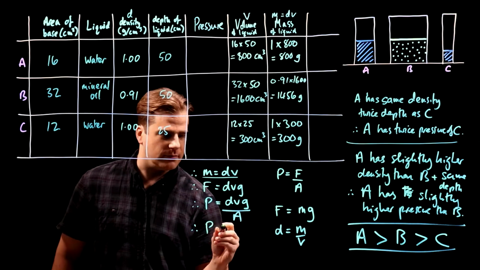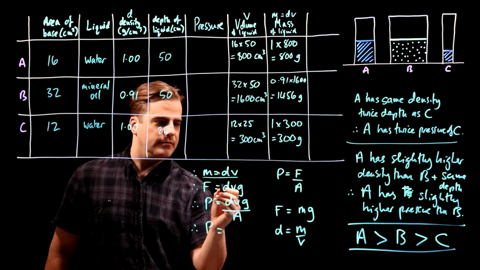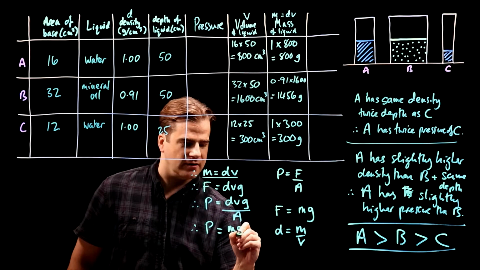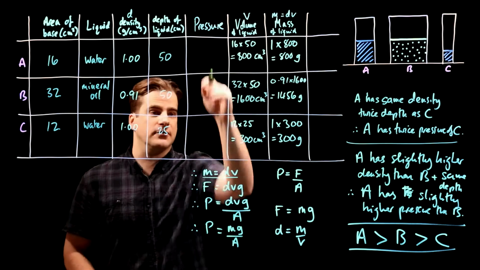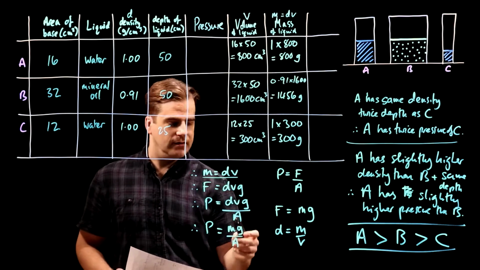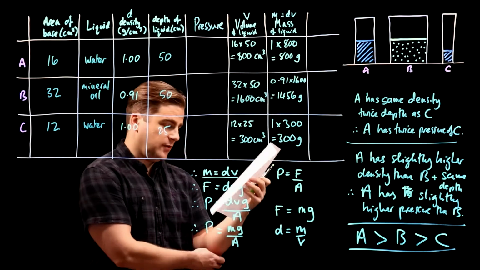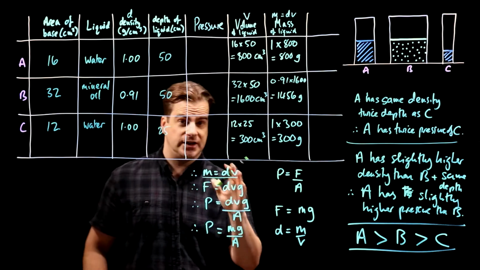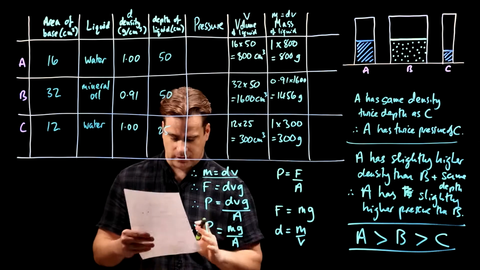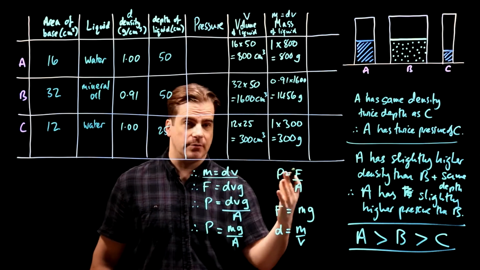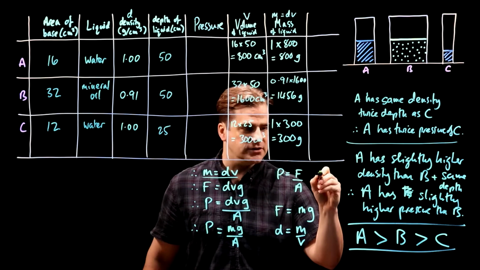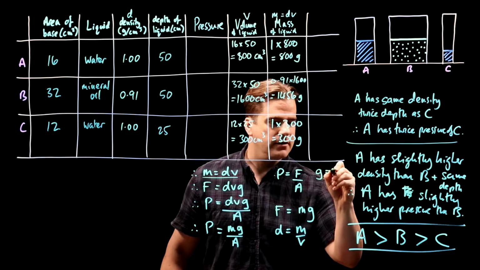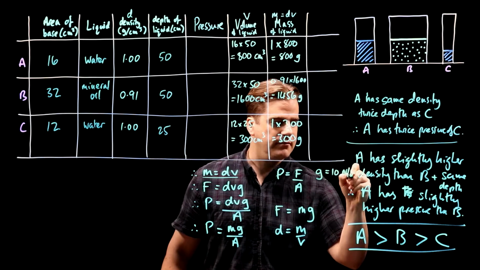So pressure is also mass, density times volume, mg over A. So that's what we're going to use here, because we've got mass. G, we're told to use, or are we told? Let's just take G as 10. No, we're not told. Doesn't really matter whether we choose 9.8 or 10. Let's just take G, acceleration due to gravity or gravitational field strength, as 10 newtons per kilogram. Okay?